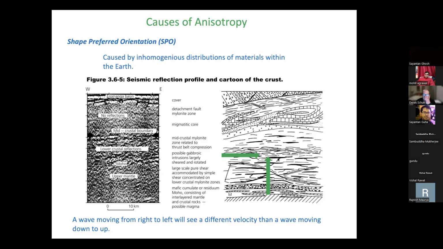This figure on the right shows these long lenticular features that cause seismic waves to travel faster in a horizontal direction than they do in a vertical direction. So a wave moving from right to left will see a different velocity than a wave moving from down to up or up to down.